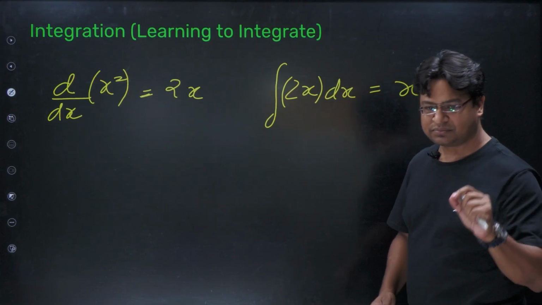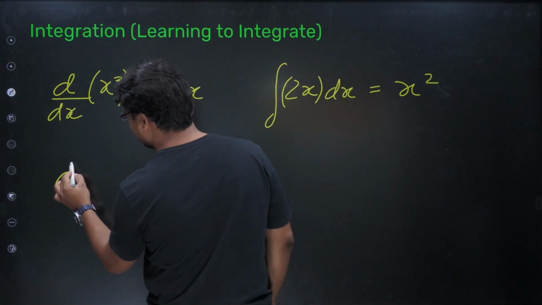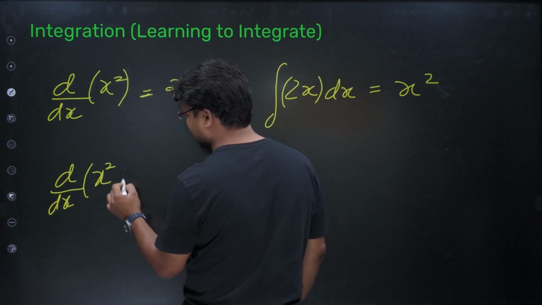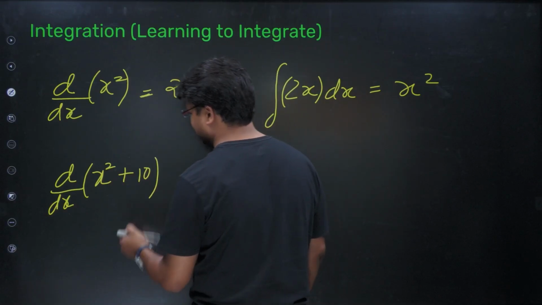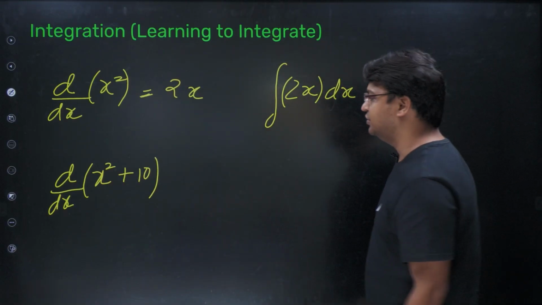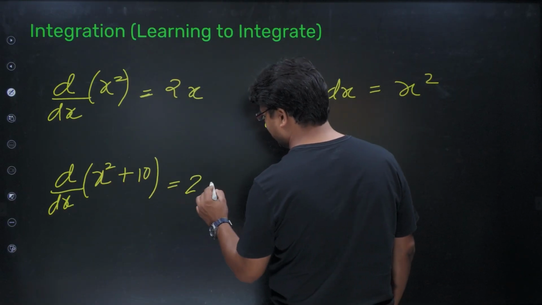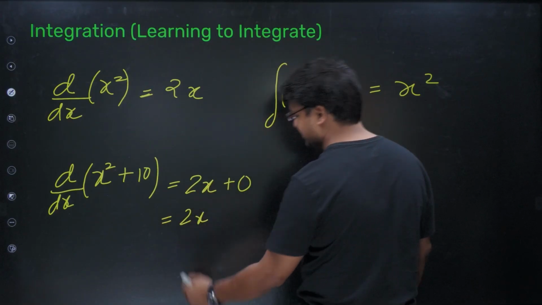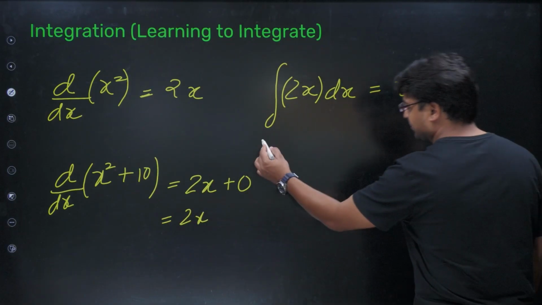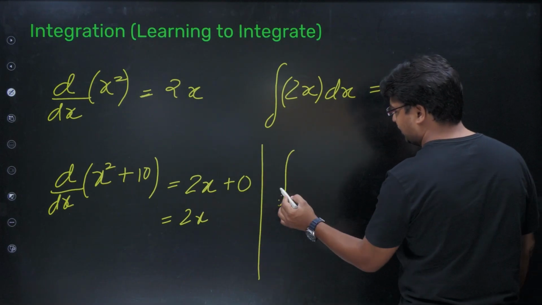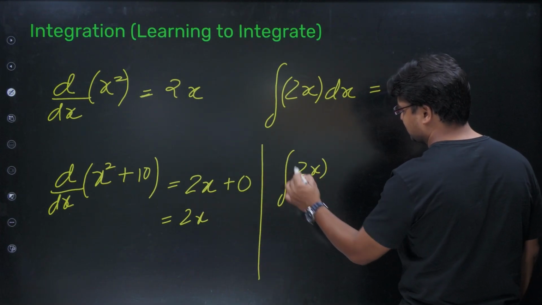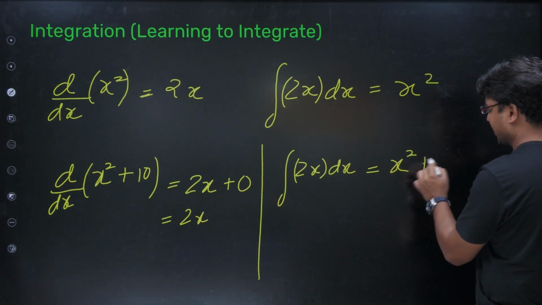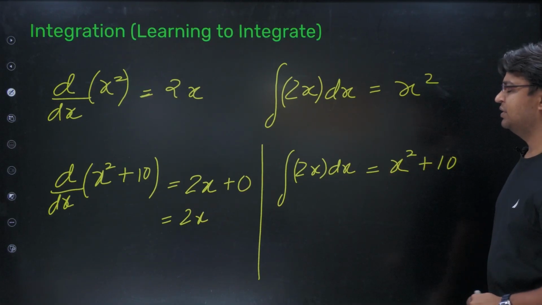Now also pay attention to the fact that if I differentiate x square plus 10, x square plus a constant value, we will end up getting 2x plus 0, which is the same as 2x. So by this logic, integration of 2x dx should give us x square plus 10.